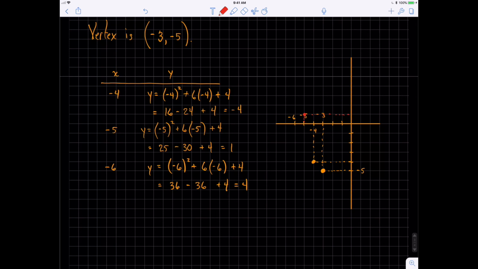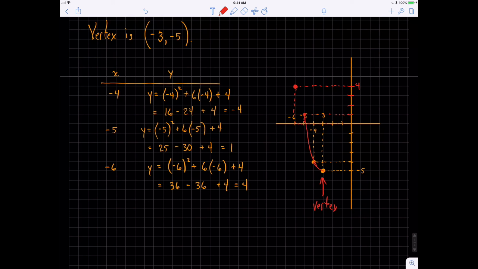My next one, I go all the way out here to negative 6, and then I go up to 4. So 1, here's 1, here's 2, 3, here's 4. So you go to where those two meet and put another dot. So look at what happens. This is the vertex. So we begin, just connect our curve here.